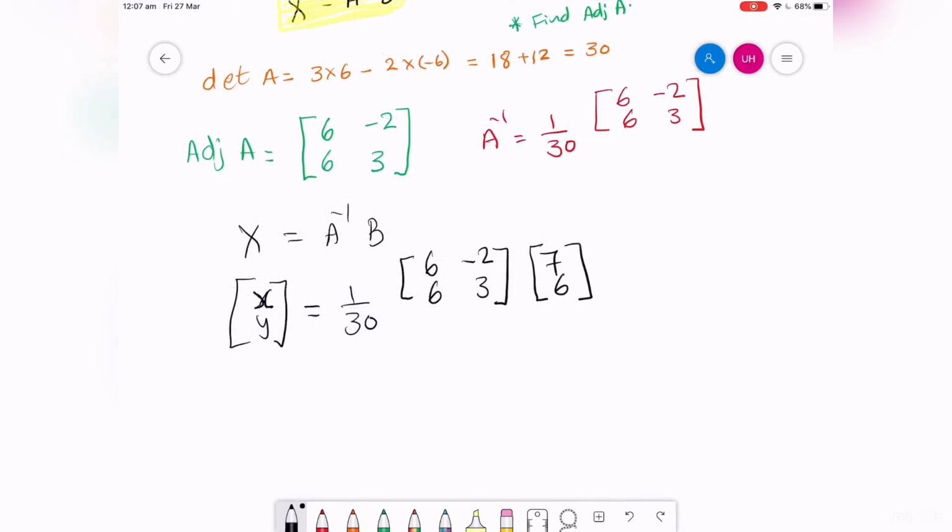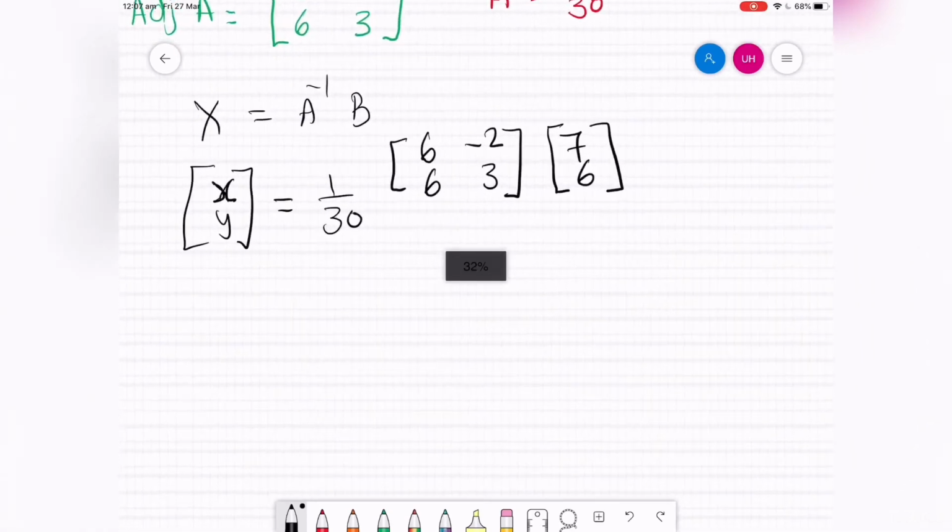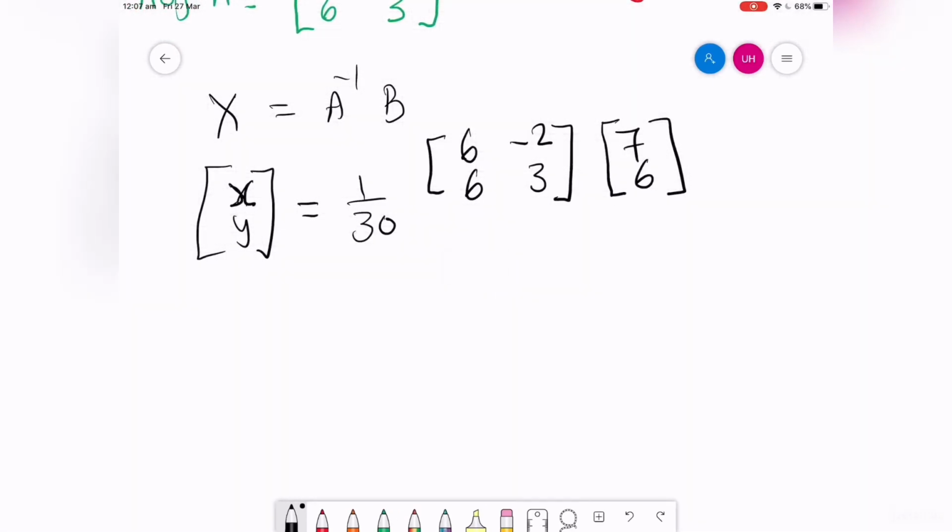Okay, so now we will multiply. When we multiply, that means we multiply this row with this column vector, the B. So this is B here, and this is the A inverse altogether.